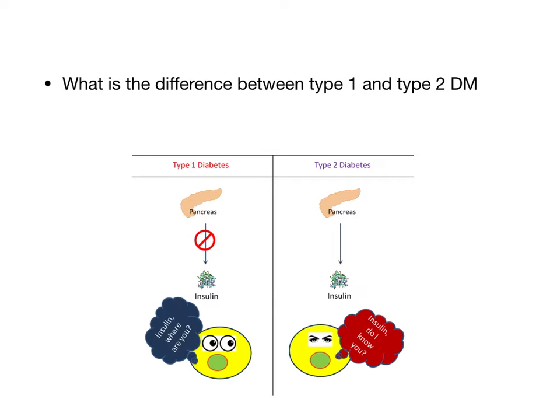There is no insulin production from the pancreas, so a complete loss of insulin. In type 2 diabetes, insulin is there, but there is reduced secretion of insulin, or there is resistance to insulin at the peripheral level. So type 1 is no insulin in the circulation. Type 2 is insulin is there, but there is resistance.